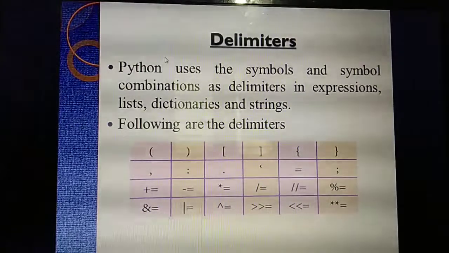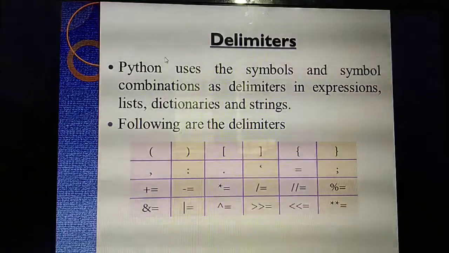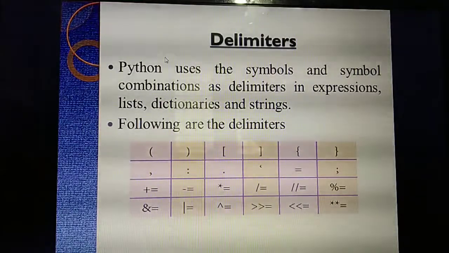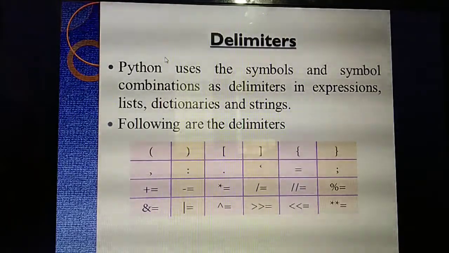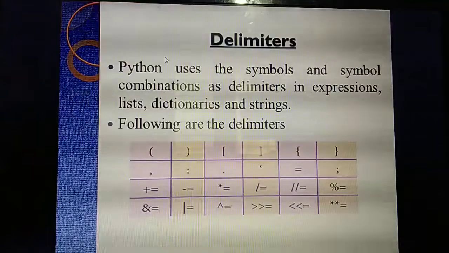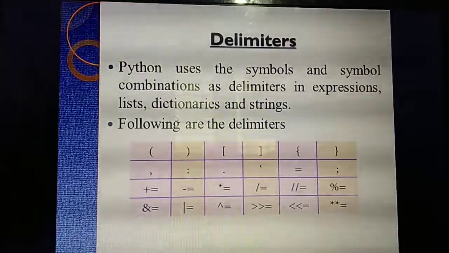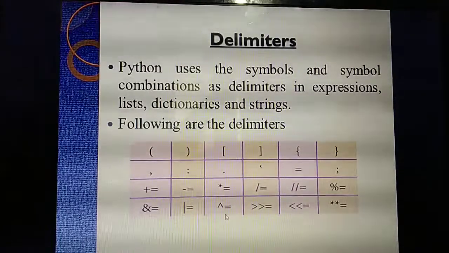Next thing is delimiters. So what do you mean by delimiters? Means some symbols. A combination of many symbols you are using in expressions. That means many calculations, many equations you will use, isn't it? So in equations or coding or comparisons or anything, many kinds of symbols, that means a group or combination of symbols.